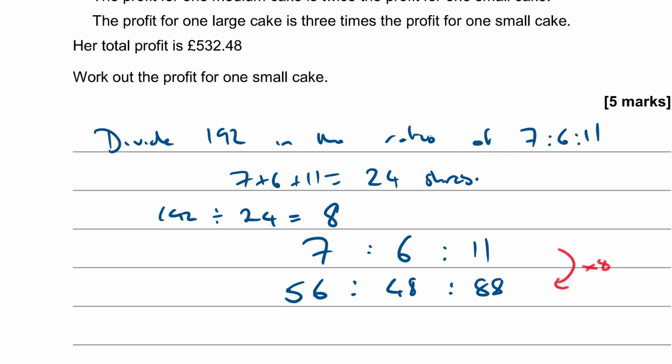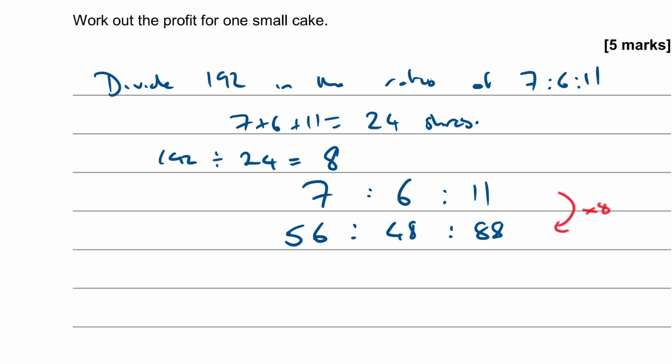Right, moving on to the profit. The profit from one medium cake is twice as much as the profit of one small cake. And the profit for one large cake is 3 times the profit for one small cake. Okay, so the ratio of their profits then. Let's say the profit from a small cake is p. Then what would the profit from a medium cake be?